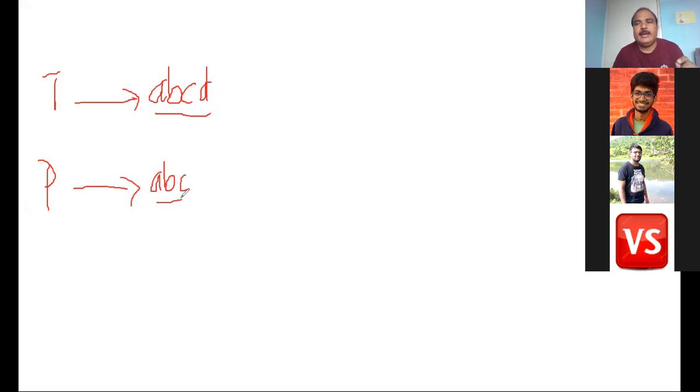The core idea of the string matching algorithms is to match each character of a pattern with a character of a string.